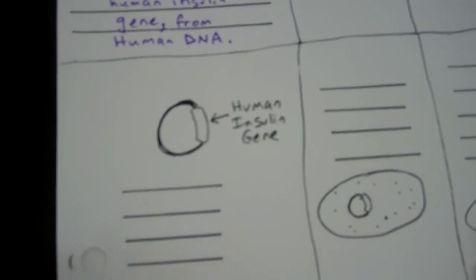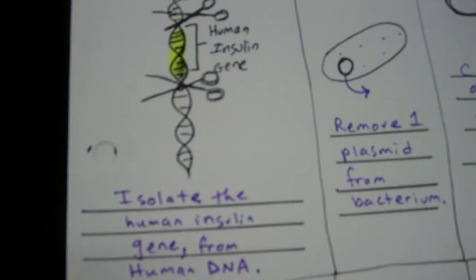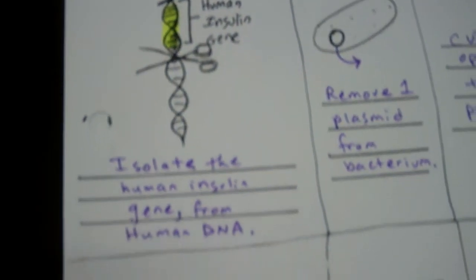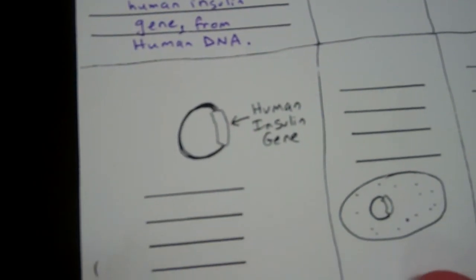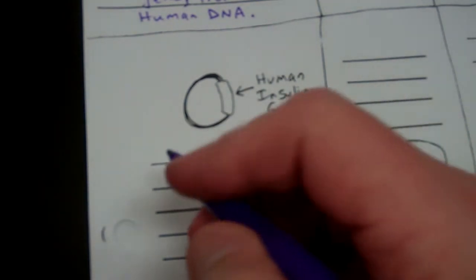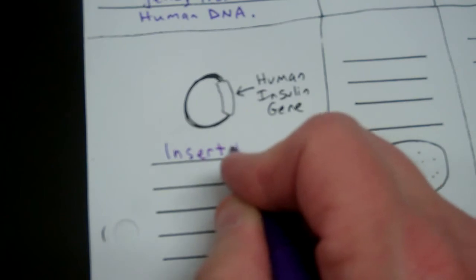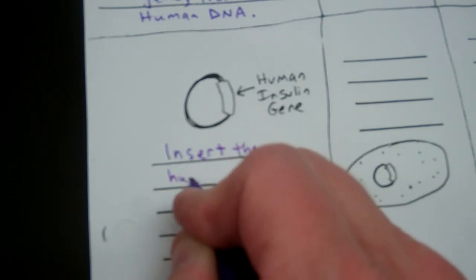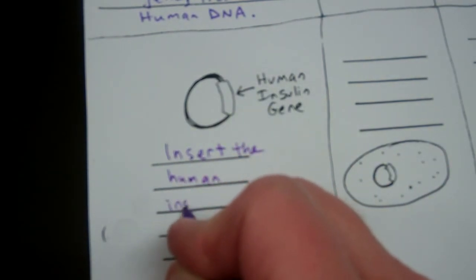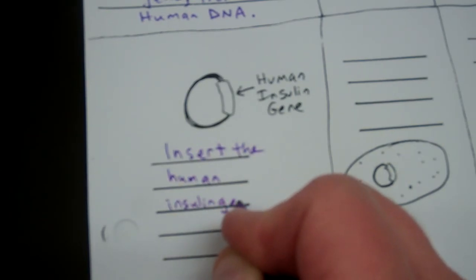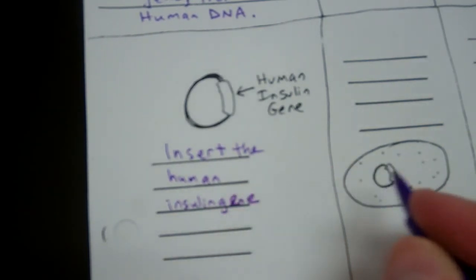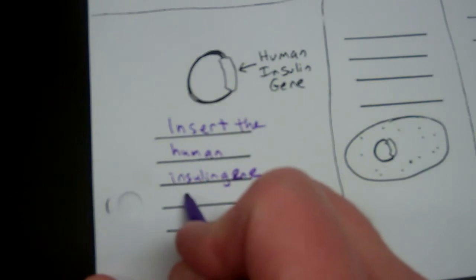Next, we're going to take that gene from above. We're going to take this gene and we are going to insert it into our plasmid. All right, so insert the human insulin gene into the plasmid.